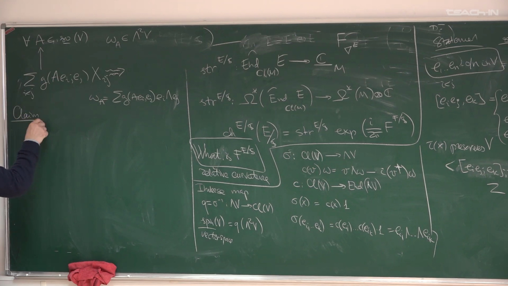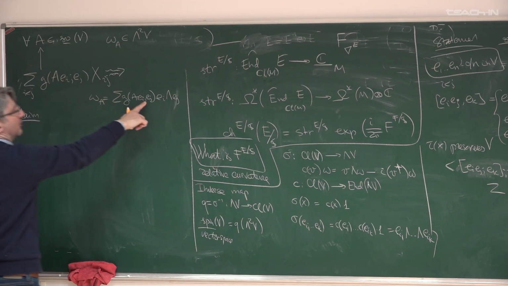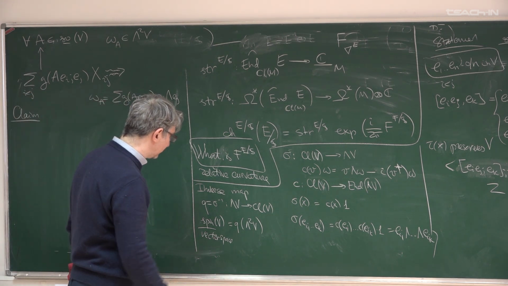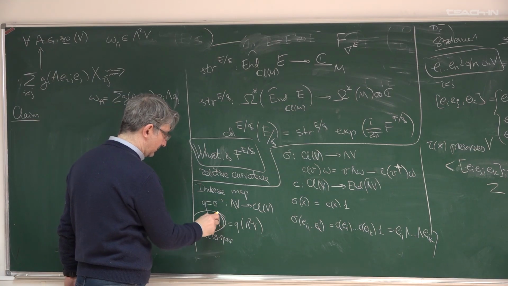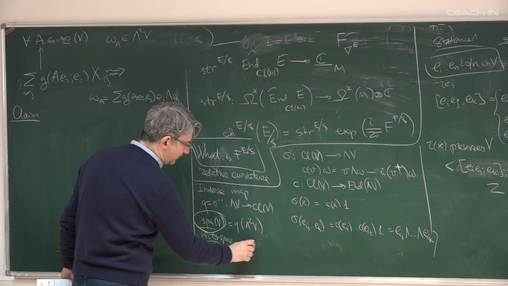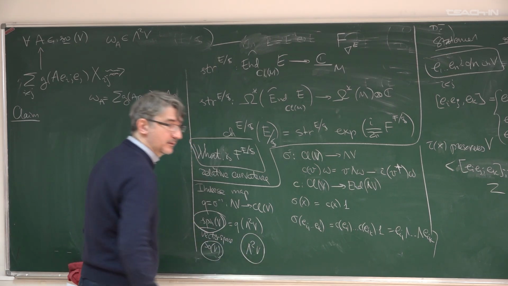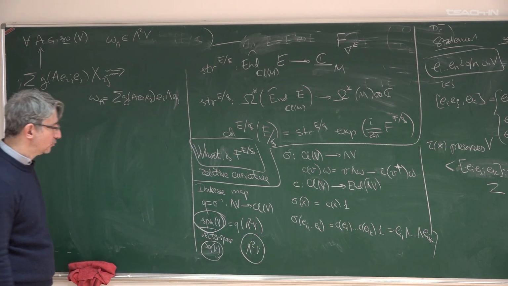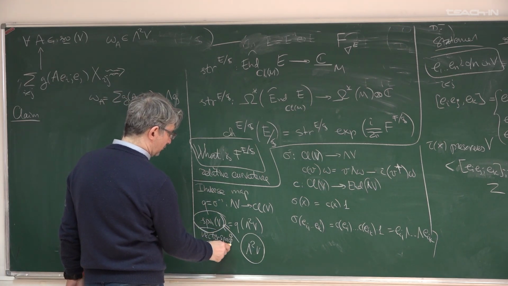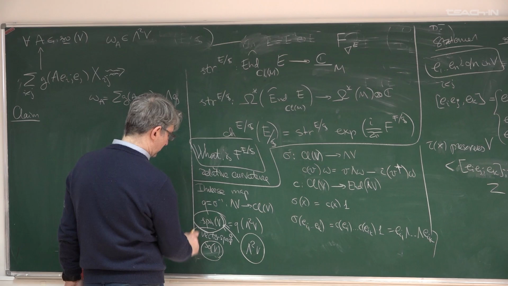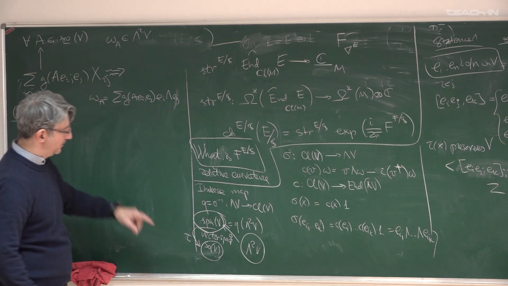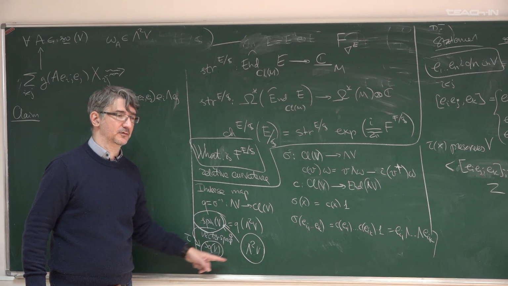We have two things. One sits here, another one sits there. Please remind, we have three spaces. Spin, we have SO(V), and we have the exterior part. They are related by two homomorphisms. Here goes Q, and there goes tau. What is written here belongs to these two different spaces.